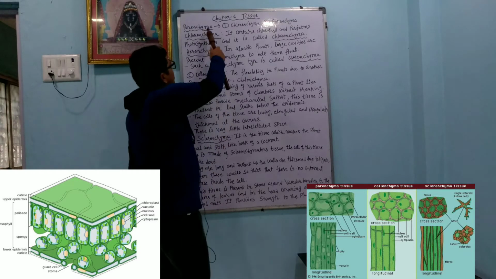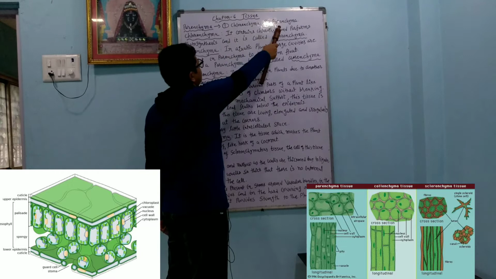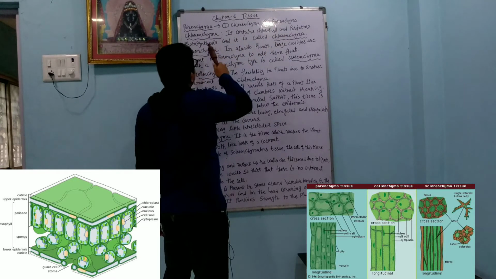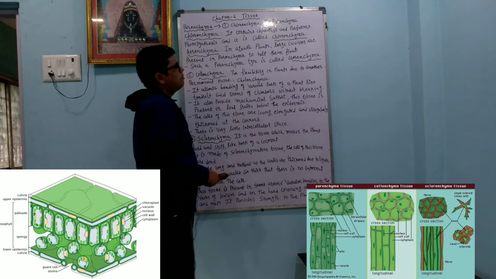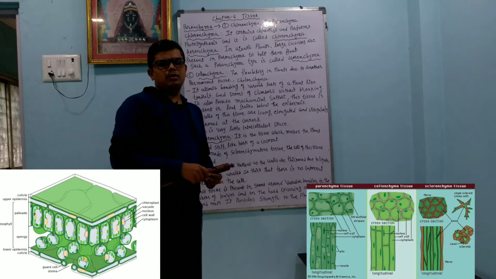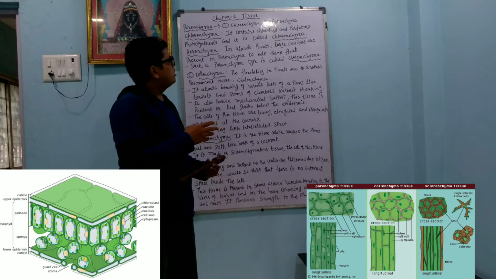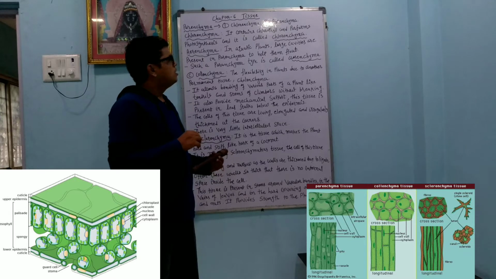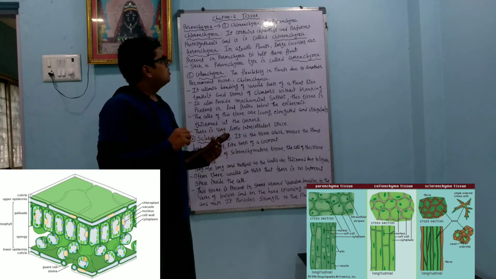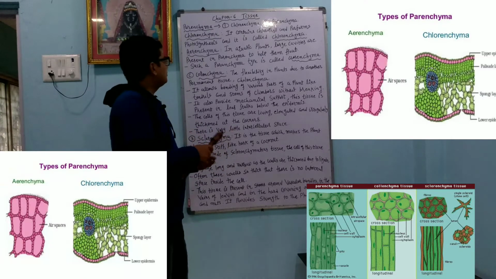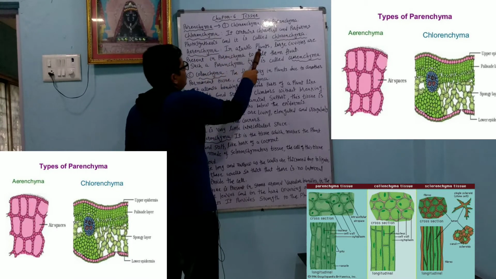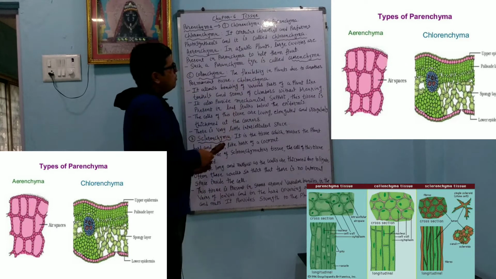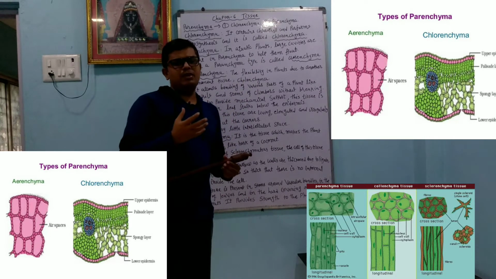Parenchyma is divided into two parts: chlorenchyma and aerenchyma. Chlorenchyma contains chlorophyll and is responsible for the photosynthesis process, so it is called chlorenchyma. Aerenchyma: in aquatic plants, large cavities are present in parenchyma to help them float.